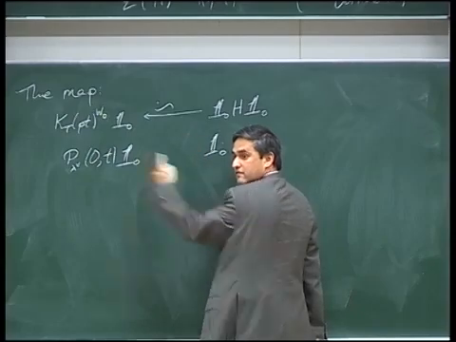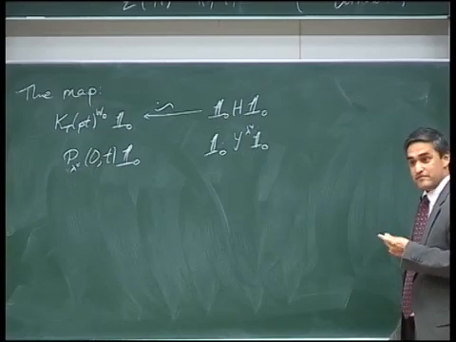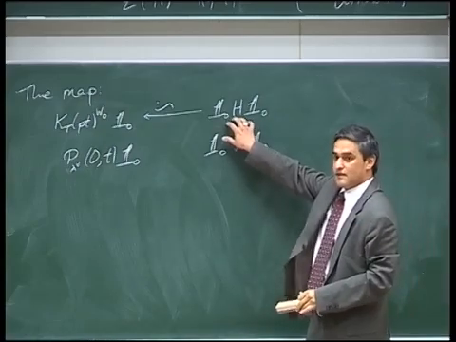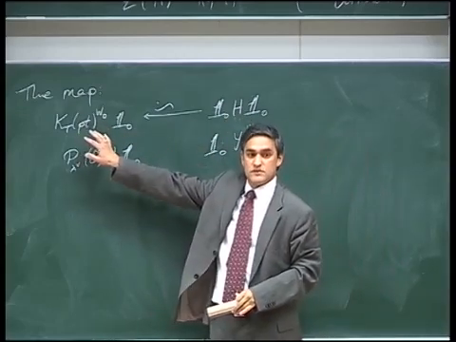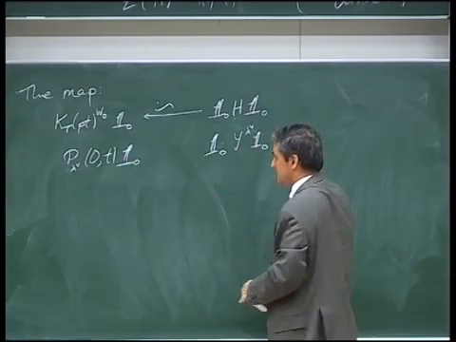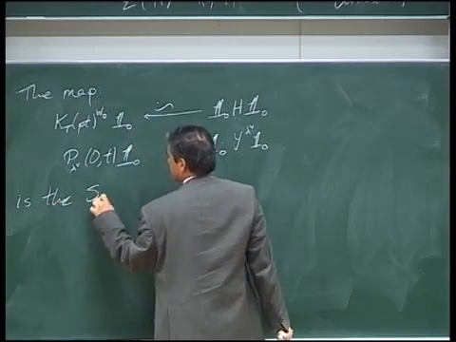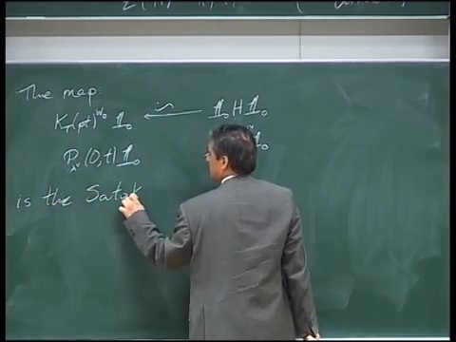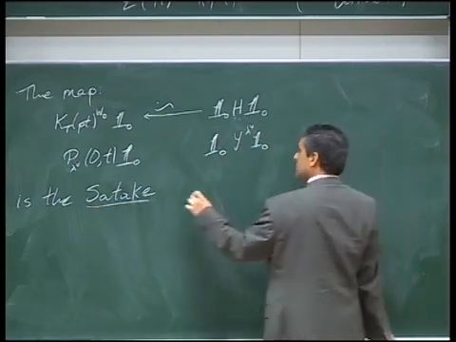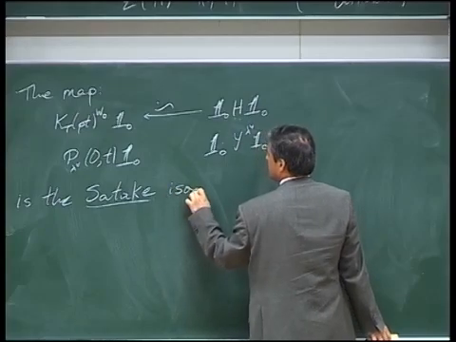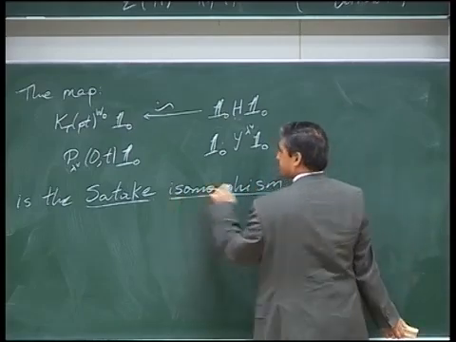I sort of think of this map as, this is called the Satake isomorphism. All right, so it says that this Hecke algebra is isomorphic to symmetric functions. That's called the Satake isomorphism. So if you ever are studying anything related to groups over local fields, you will hit this Satake isomorphism, and this is what it says.